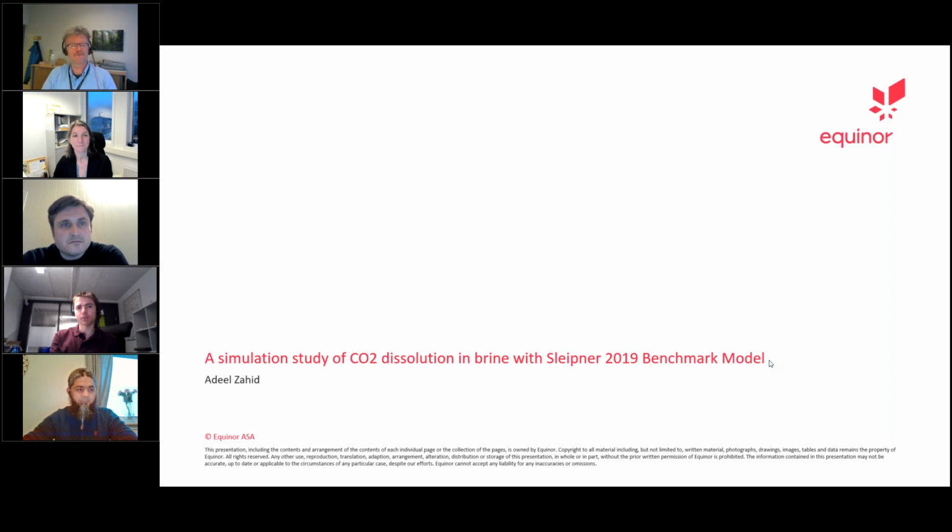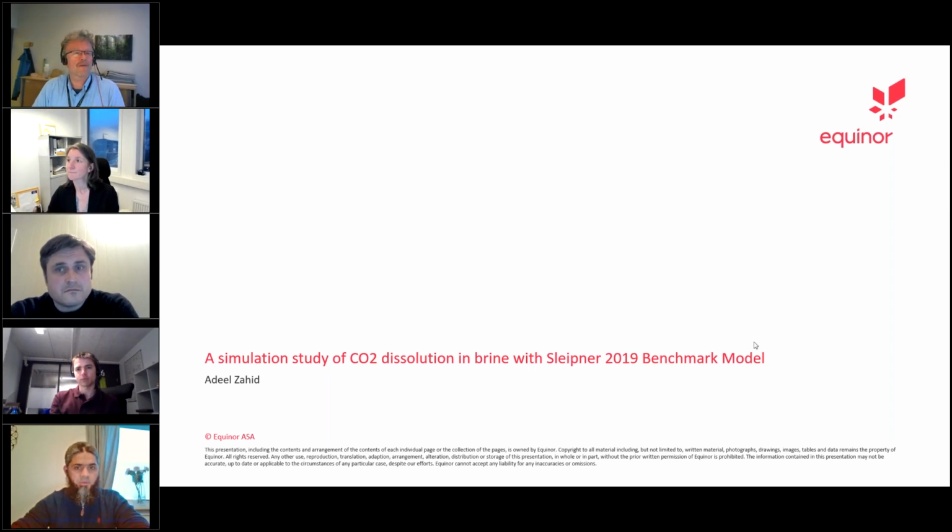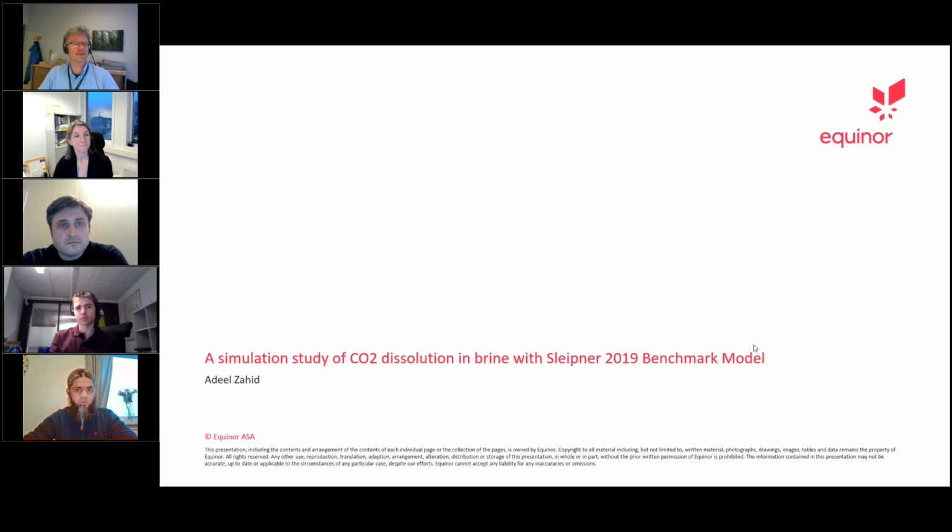And now Adil is trying to get an understanding of the dissolution effects. So the bigger challenge here is to use the Sleipner dataset to understand the flow processes. That's the ultimate goal of this work. And it could be that in a year's time we have a fuller session, like at a conference, to explore this further.